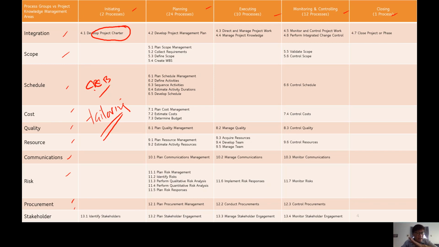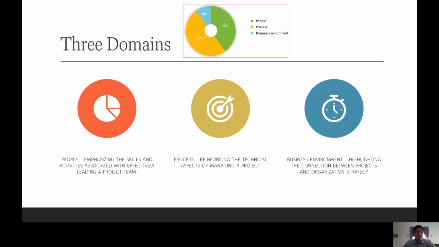Now, having said that, look at this. These are the 3 domains, not in any particular order. There will be the people domain, which is basically the project manager, project team members, as well as stakeholders. Stakeholders are people or even institutions that have some kind of vested interest in your project. It can be positive interest, it could be negative interest, those who resist the project, or it could be fence sitters, basically those who are neutral.